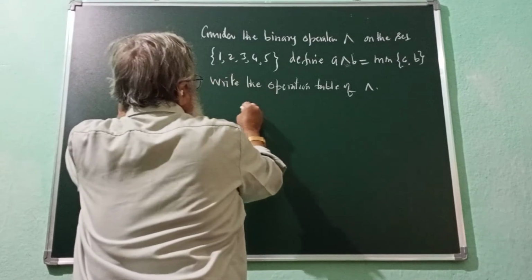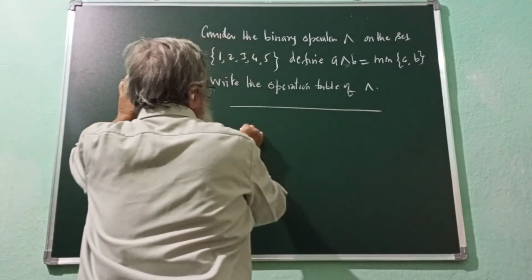So how to write it down? We have 5 elements. Let us draw the table like this.